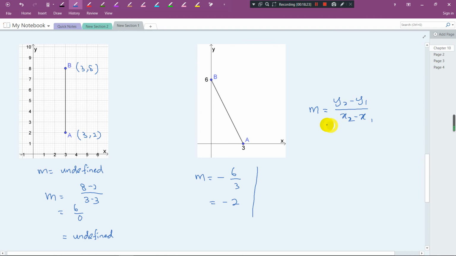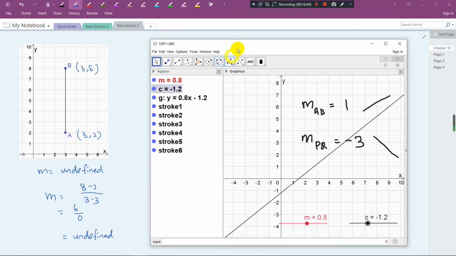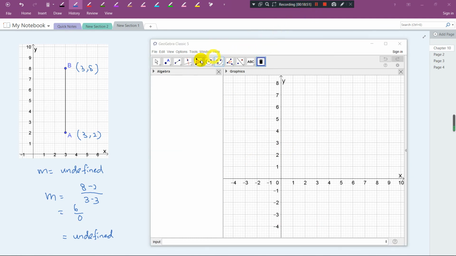So how do we get the full coordinates of this? Here is a very important thing I want to tell you, remember these two. On x-axis, y is equal to 0. On y-axis, x is equal to 0. What do these two mean? Let me use this one to show you. Now I try to put some points here, and you look at the coordinates shown here.